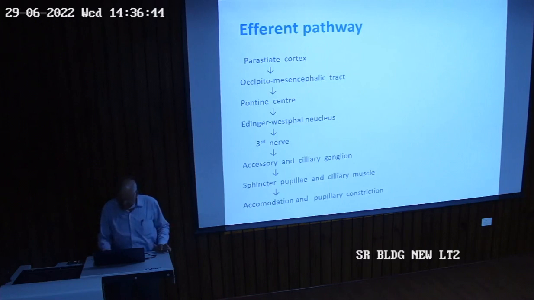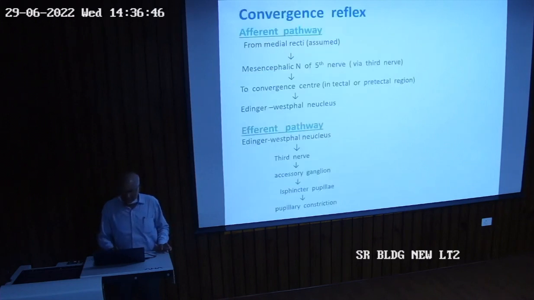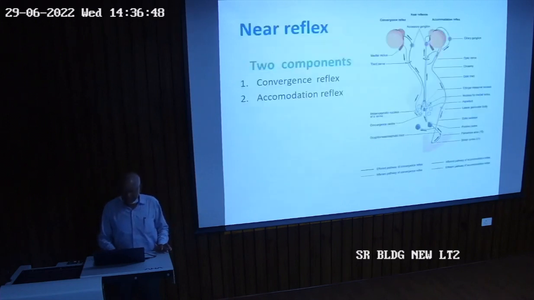Same thing you can see here in the diagram. This is the accommodation reflex. From the retina through the optic nerve and chiasma, rather than going to the other side, it goes to the optic radiation and the visual cortex.